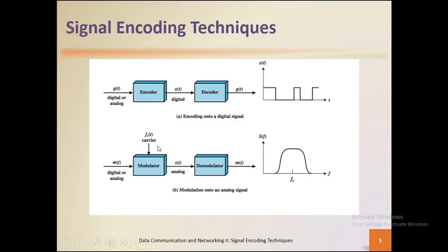So here you notice that the carrier comes in, because I indicated earlier that the transmission signal can be based on different frequency spectrum bands that are considered the carrier frequencies.